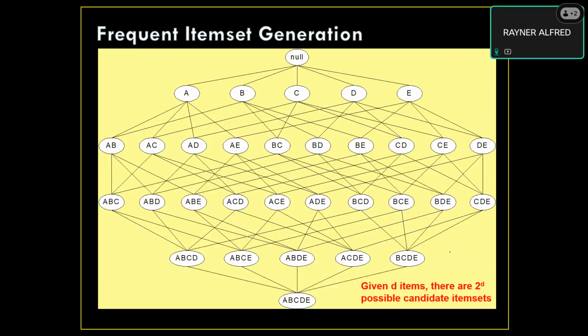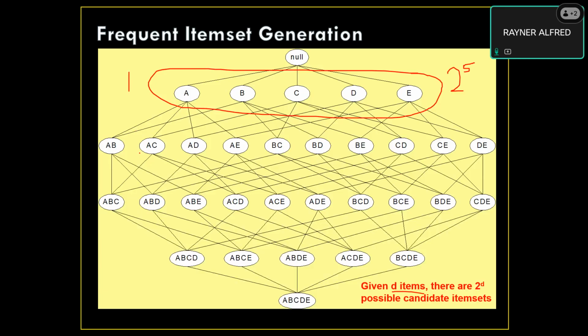Okay, for example, like this. Over here, we say that if you have d items, in this example we have 5, then you have 2 to the power of 5 different combinations of item sets.